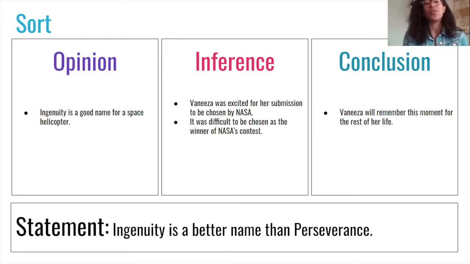It says, ingenuity is a better name than perseverance. Ooh. I'll give you a few seconds to get your answer at home, and then I will reveal the answer.